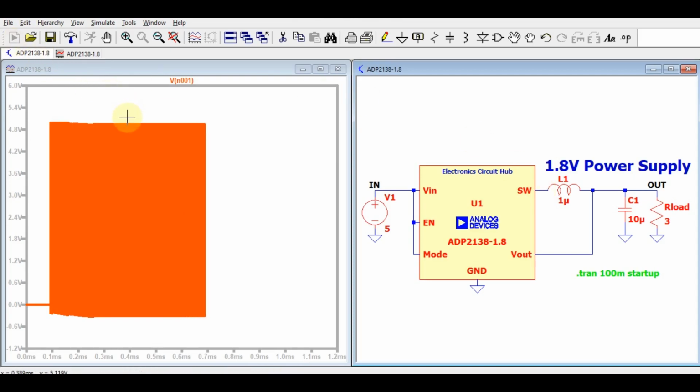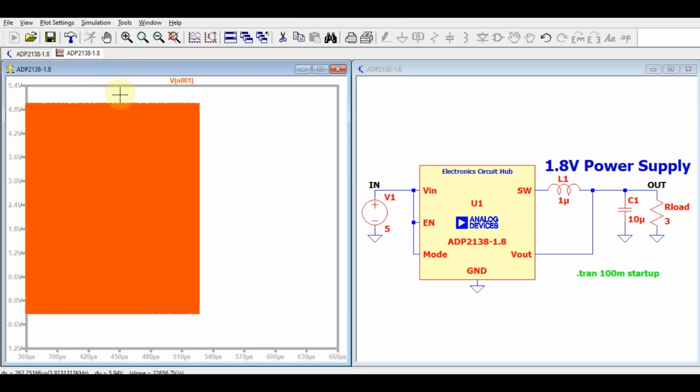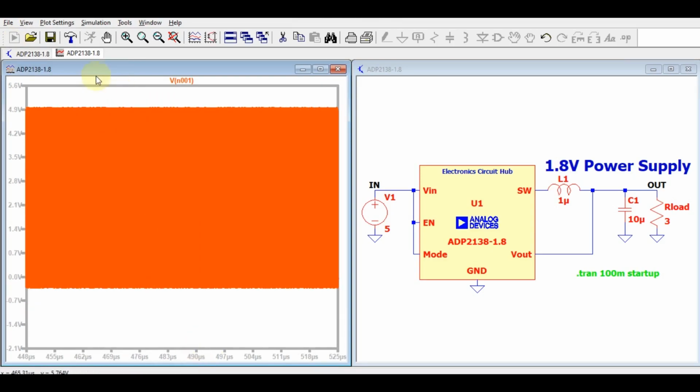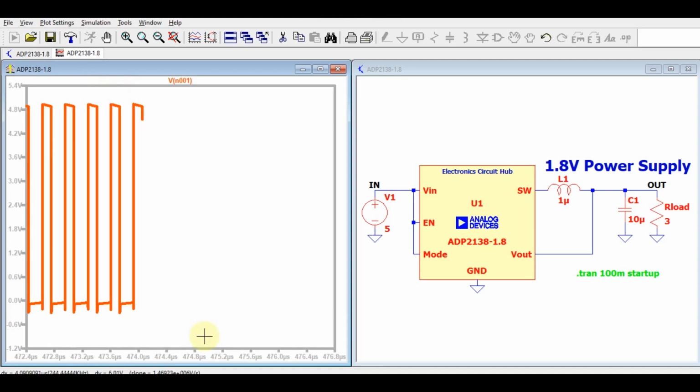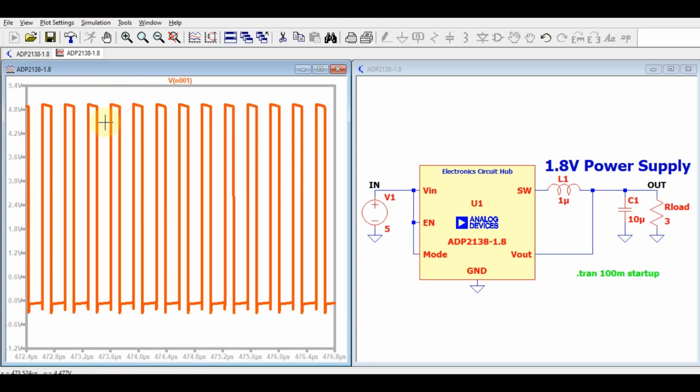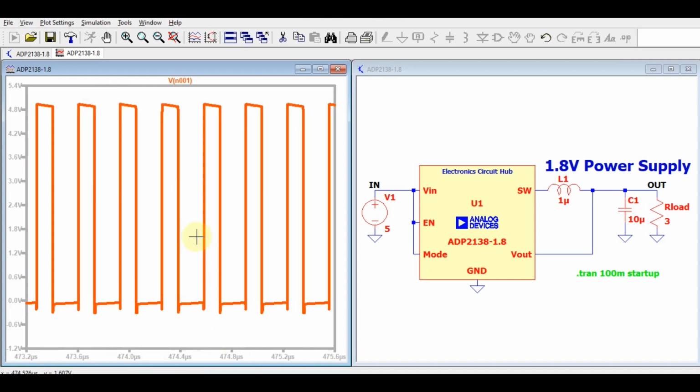Here you can see the frequency of switching for your application. If you further zoom in, you can find the switching frequency of this node, and this is the voltage at this switch node. So the voltage at this node SW is like this.